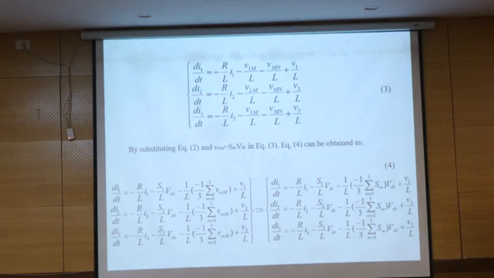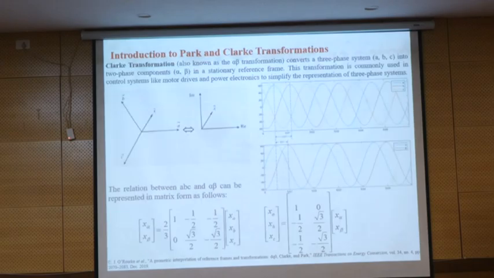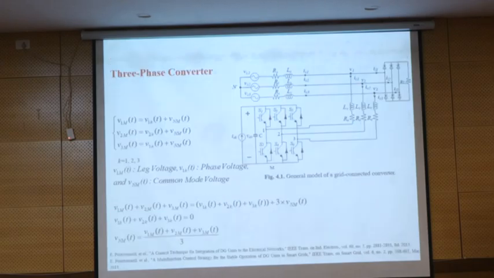It's clear, because when we say that I2 is passing through phase 2, phase 2 is connected to the switching state function in leg 2.